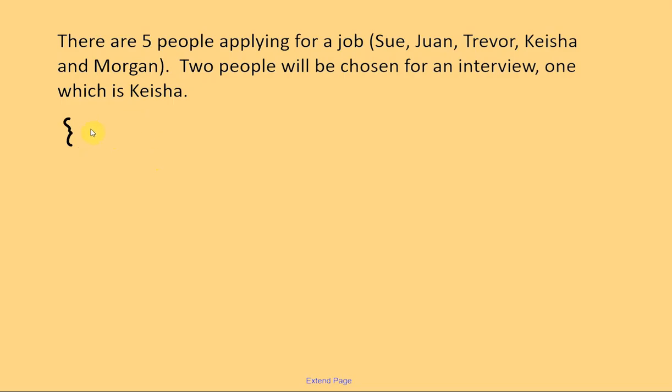So we would have Sue and Keisha would be one pair. Juan and Keisha. Trevor and Keisha. And Morgan and Keisha.